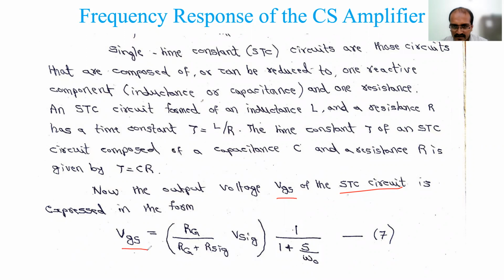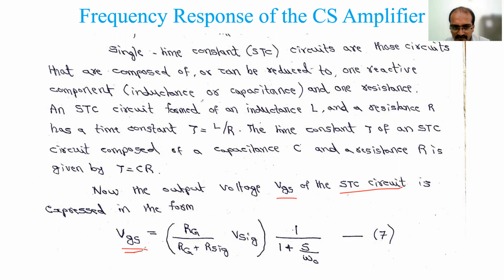We have a Thevenin's equivalent voltage, RG by RG plus R signal into V signal, then a resistor R signal dash, and then a capacitance C in, right? So in this circuit you have the voltage VGS, which is the voltage at the output of the input circuit.